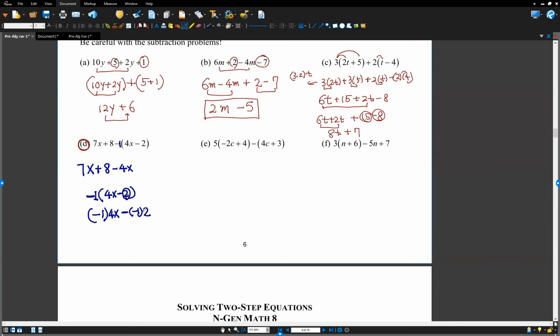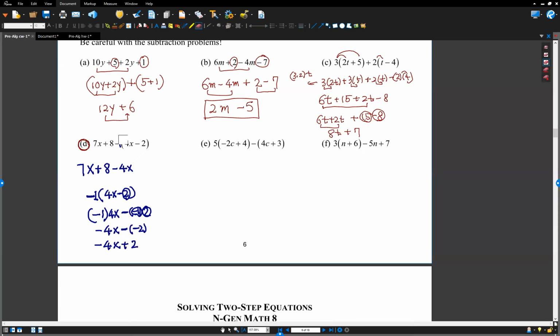That's the way. So -1 times 4x is what? -4x. Still, -1 times 2 is what? -2. After that, -4x, negative, positive, right? 2, isn't it?